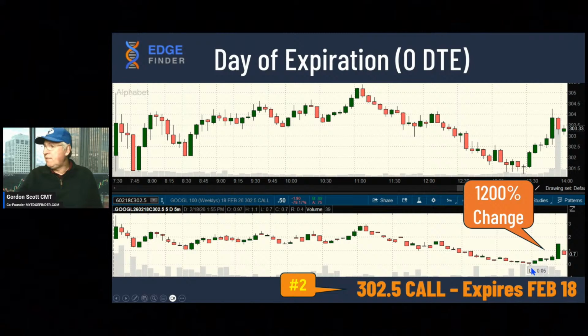That thing went from 5 cents all the way up to $1.50 and then closed back down at 70 cents. That was a 1,200% change through that period, while Google was just simply readjusting at the end of the day. 1,200%.